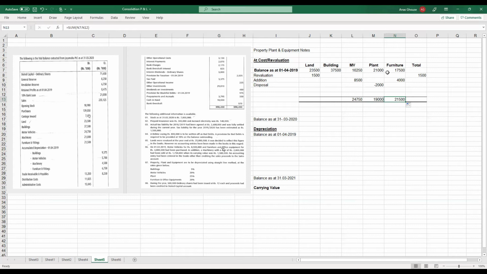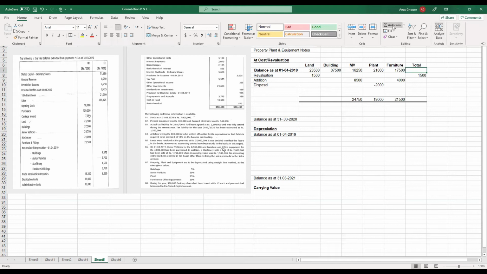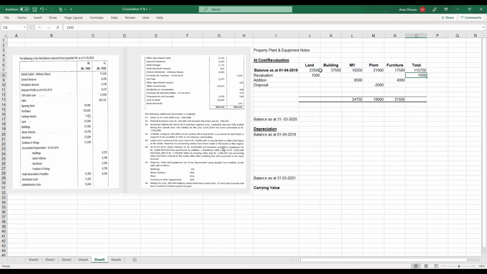Okay, so these are the totals. If you take the total balance, it will be 115,750,000, 1.5 million, and let's take the totals. This will be 12,500,000, and this will be 2 million. Let's take the total also here. This total will be 25 million, and this total will be 37,500.